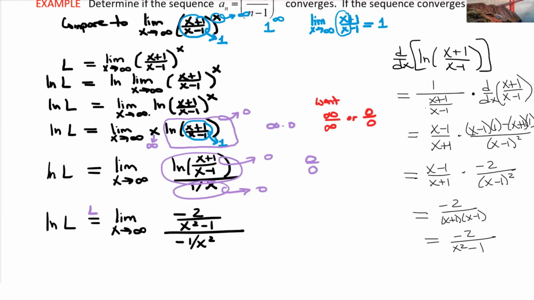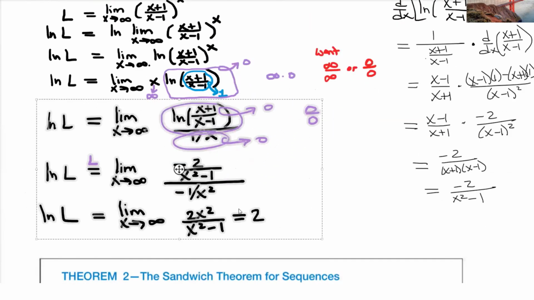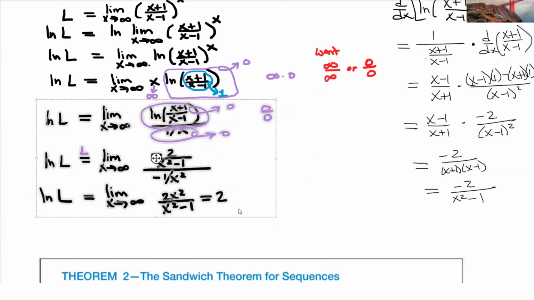Okay. So now I'm just going to flip this over and multiply. So this is the limit as x goes to infinity of 2x squared over x squared minus 1. Okay, and what's that limit going to be? 2. Good. So we know that the natural log of our limit is 2.